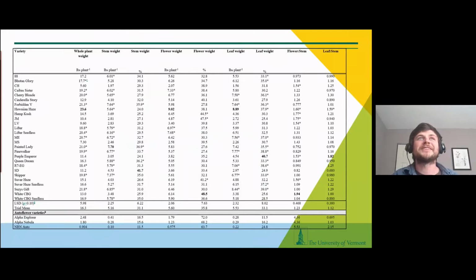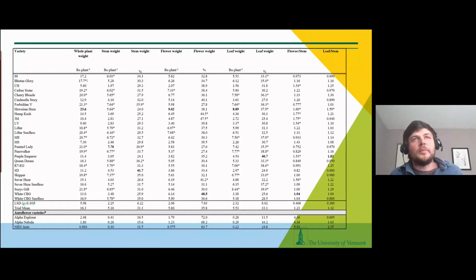And so then that gives us this really fun and exciting chart, which I'm just going to gloss over a little bit. So again, we're gathering that whole plant weight, then we're taking individual components of that. So we're gathering that stem weight, flower weight, leaf weight, and then the proportions of each.